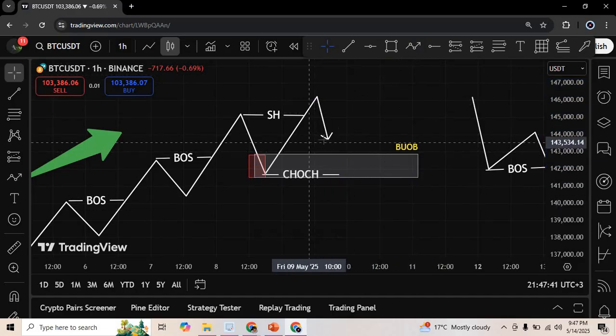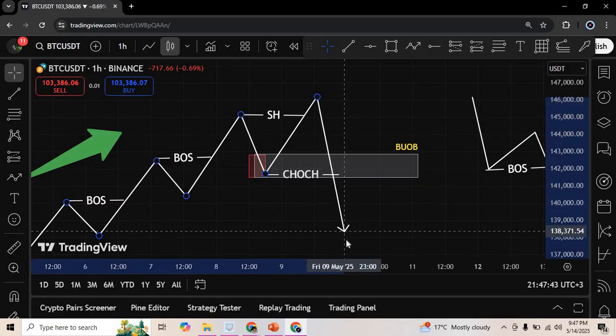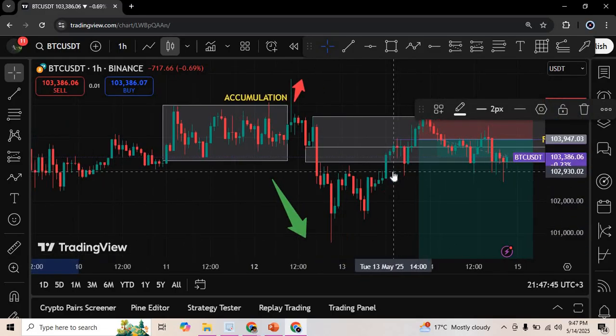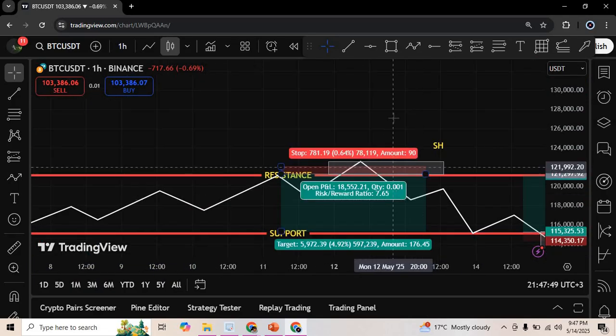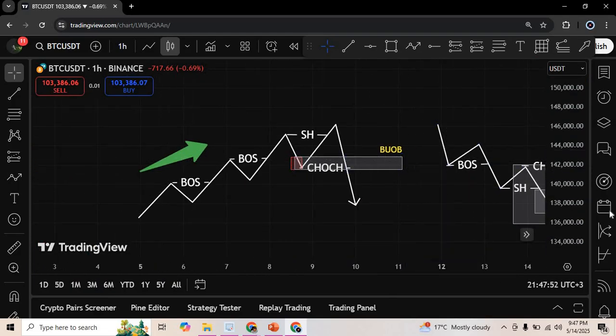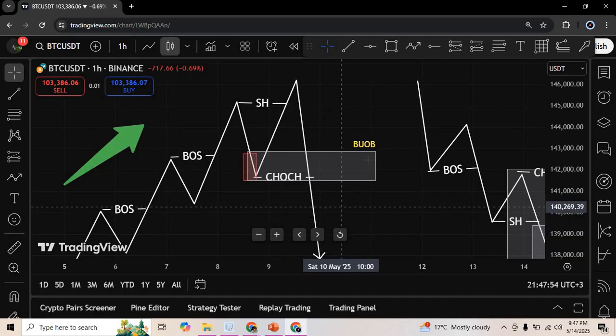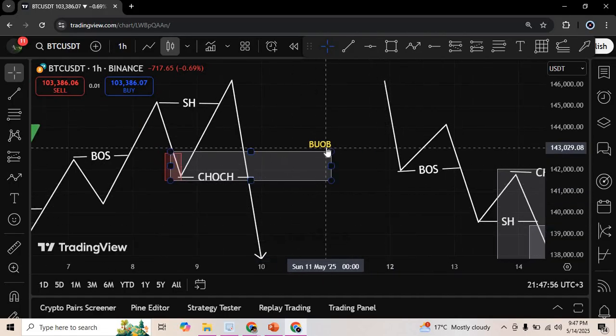But the market at this juncture has a trend change. So it has basically disrespected our bullish order block right there. So a disrespected bullish order block becomes what?